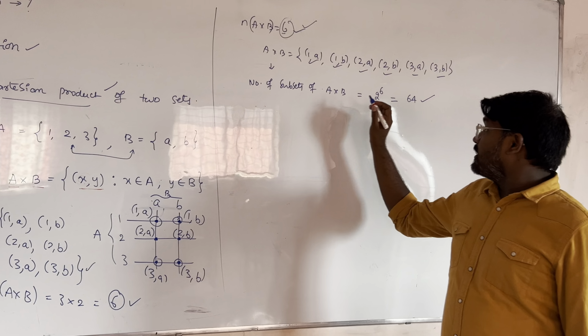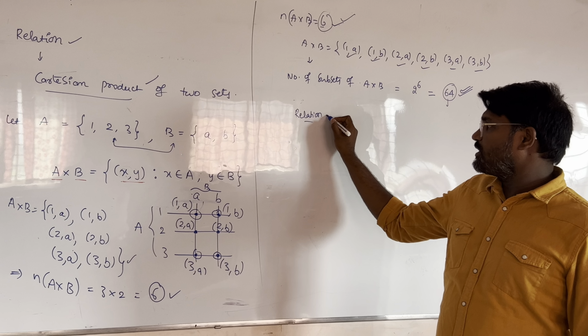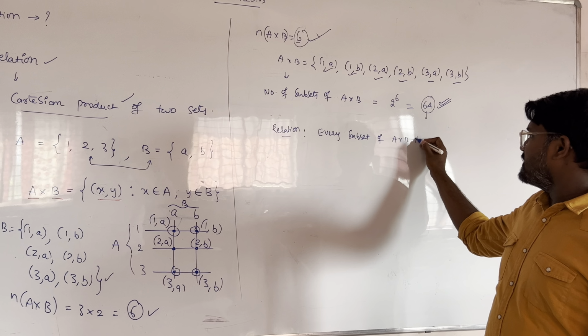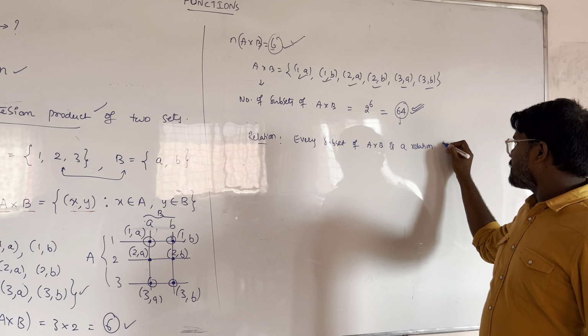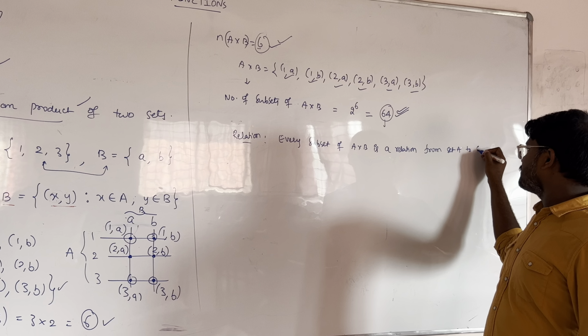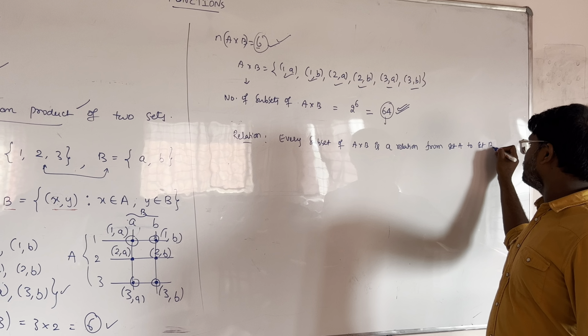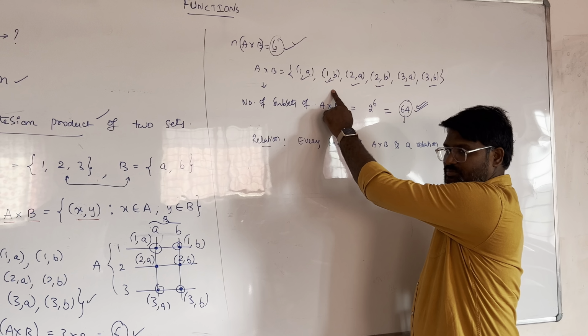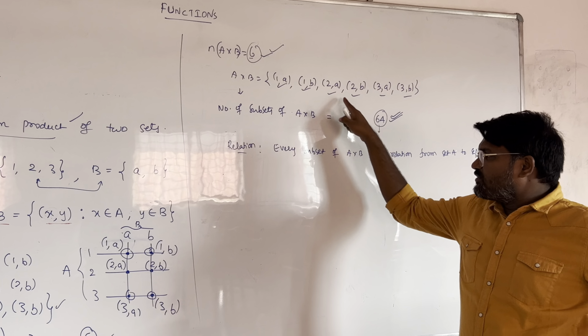Now these 64 subsets will define a relation from set A to set B. So finally the definition is: every subset of A cross B is a relation defined from set A to set B. So this is the Cartesian product, and every subset of A cross B will determine a relation from set A to set B. In this particular example, we can define 64 relations from set A to set B.